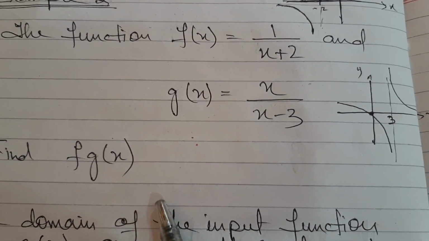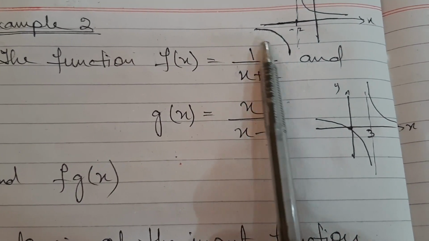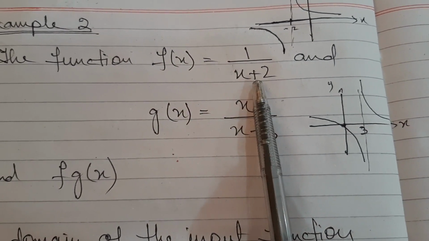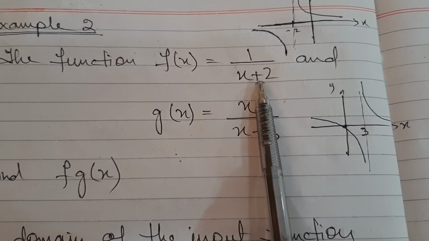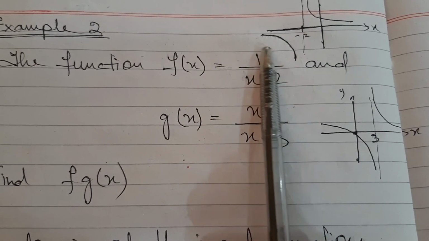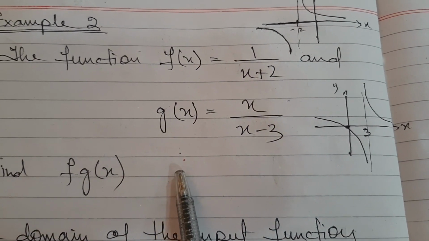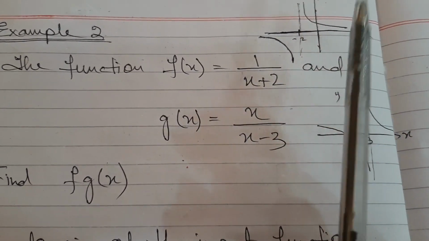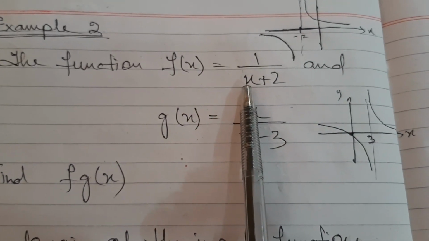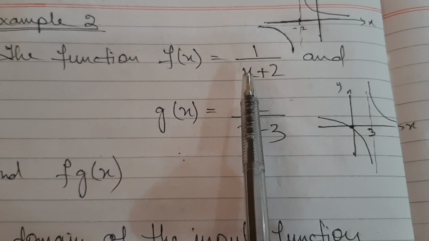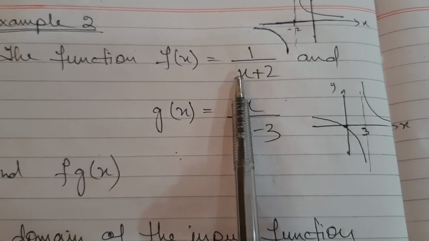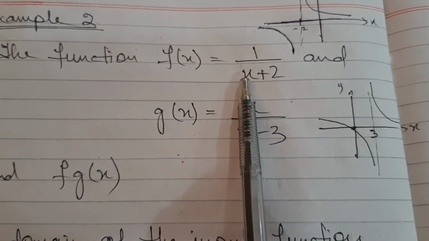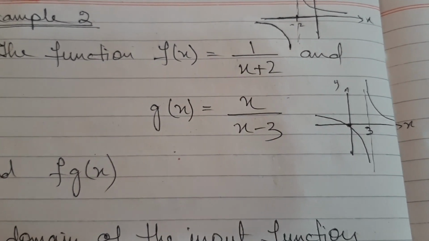Now the first thing is, we have to see what is the domain of this. If it is not given in the question, you have to think with respect to the function, what is the domain? So if I see this sketch, even if I don't say it, I know x cannot be minus 2, because if it is minus 2, then x plus 2 will become 0, and 1 divided by 0 will be undefined.